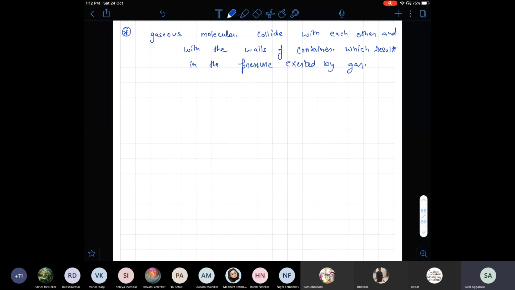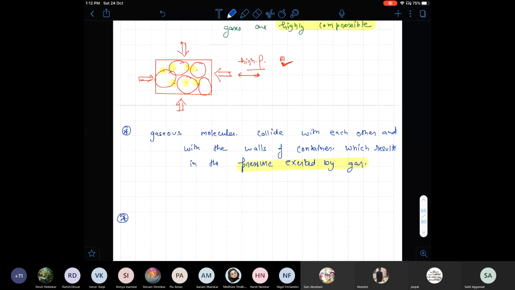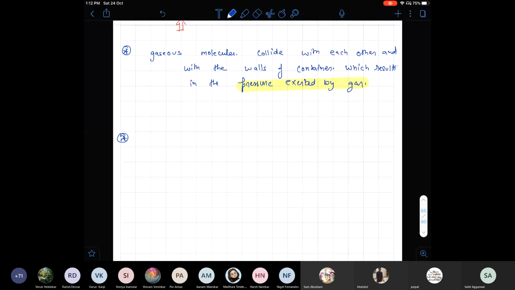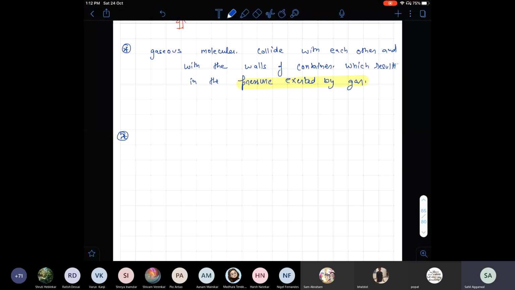So when they collide with each other and with the walls of the container, that collision leads to the pressure exerted by the gas. Understood?